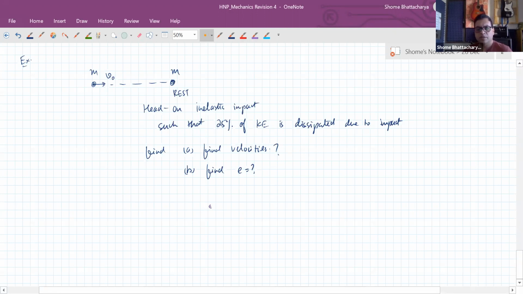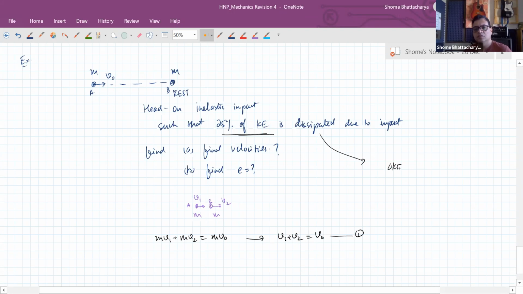Okay, so supposing after impact the velocities are v1 and v2, we use the fact that momentum is conserved, and 25% kinetic energy is dissipated.